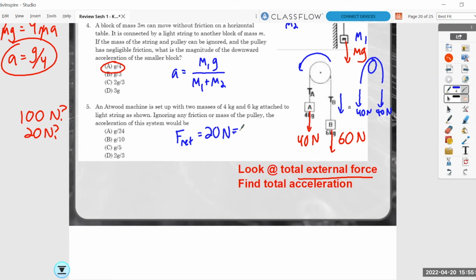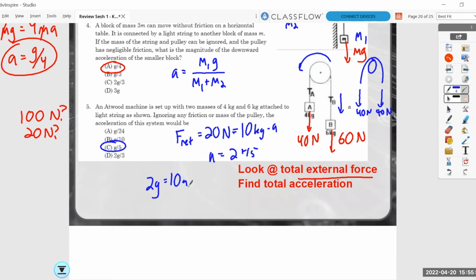How much mass is it trying to move? 10 kilograms. So our acceleration here is going to be 2 meters per second squared, which last I checked was 10 divided by 5, g over 5. I guess you could have left this as 2 times g rather than 20 equals 10a.